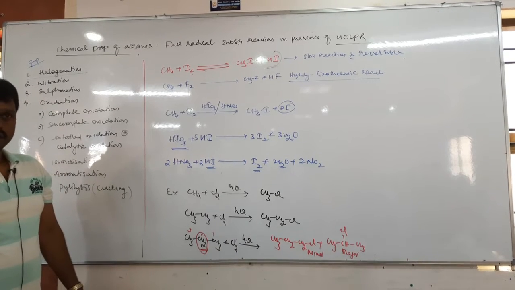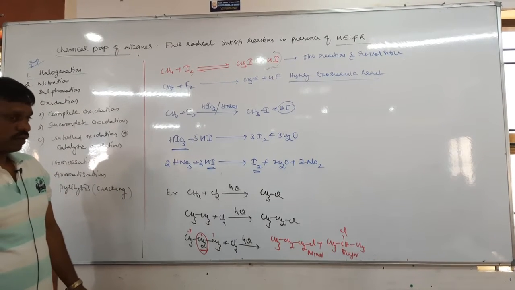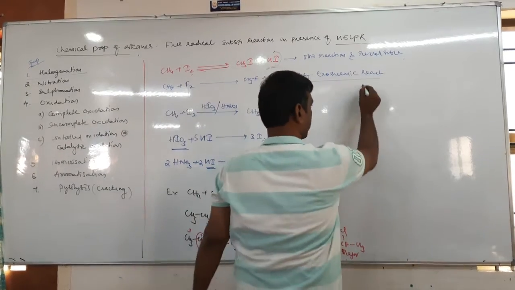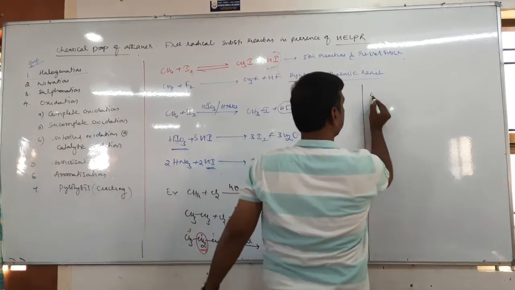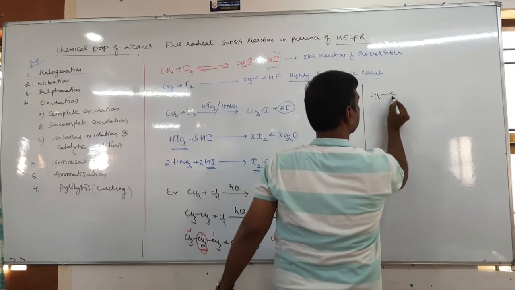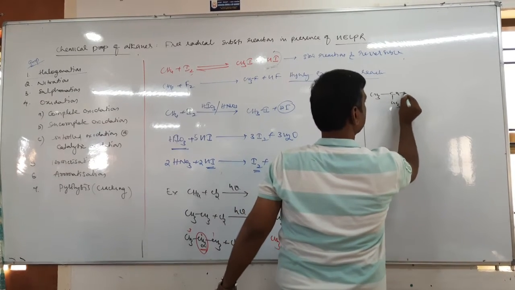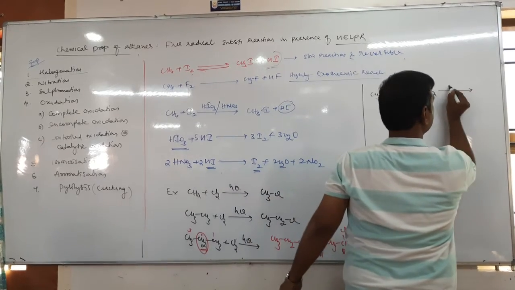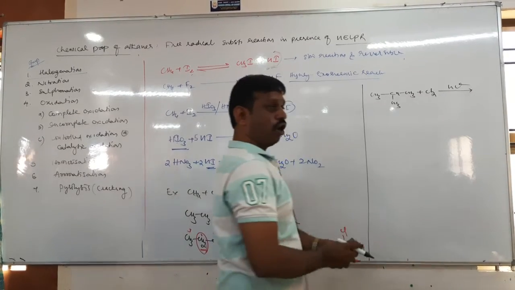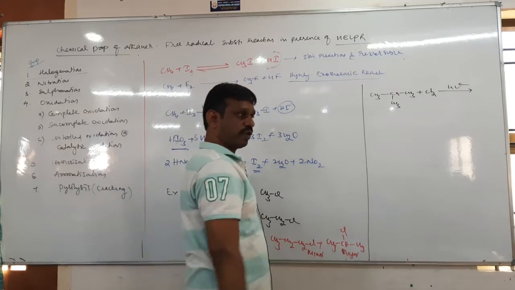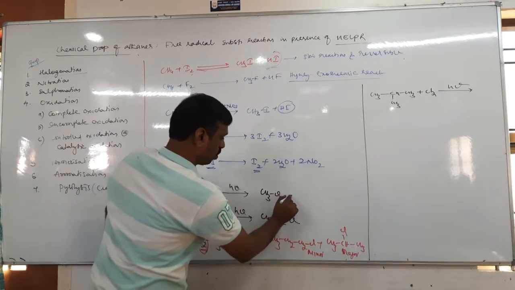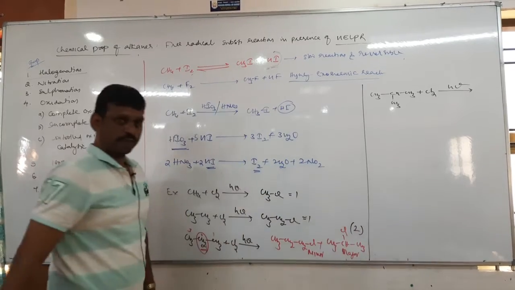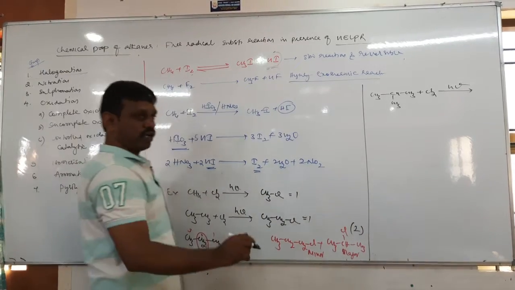Okay. Next, one more. Let us take this with chlorine. Just write the product. How many products? I want the number of products. Here, this is one, this is one. Here there are two products. There, how many products?